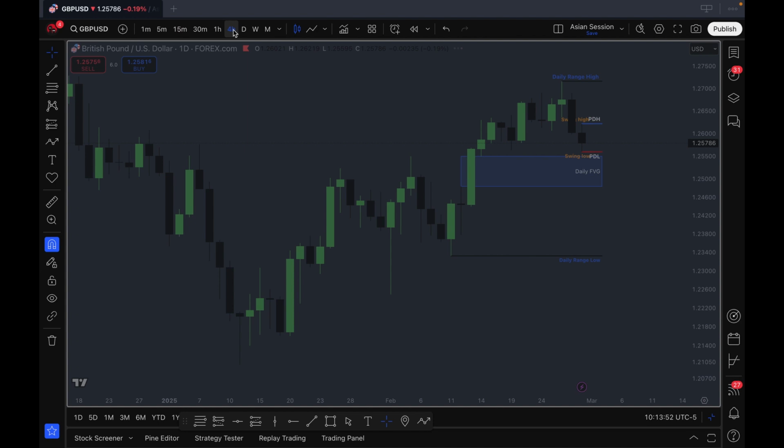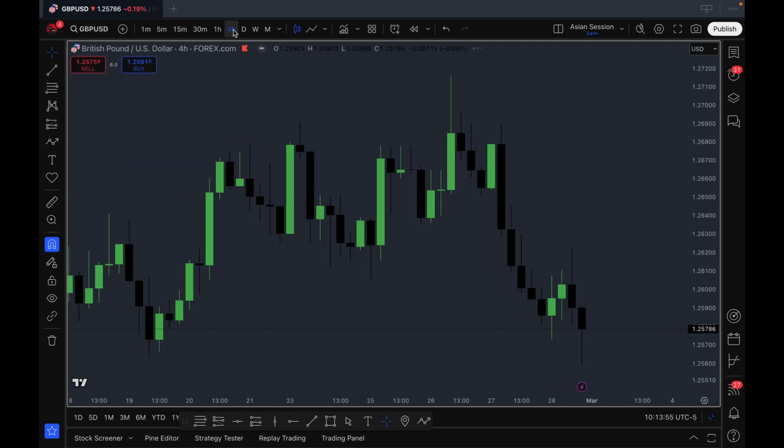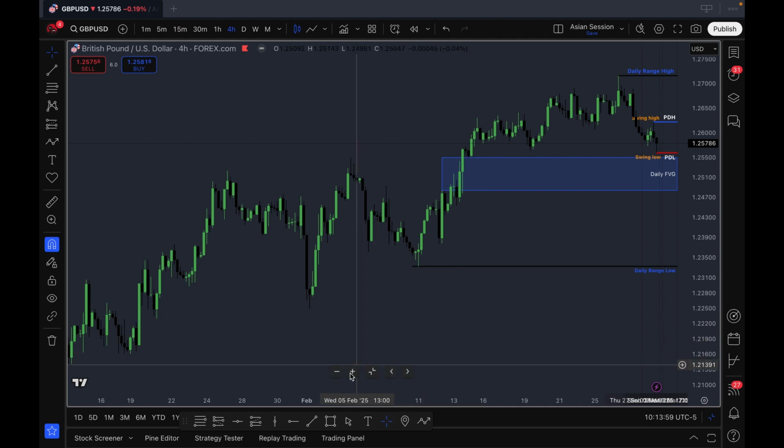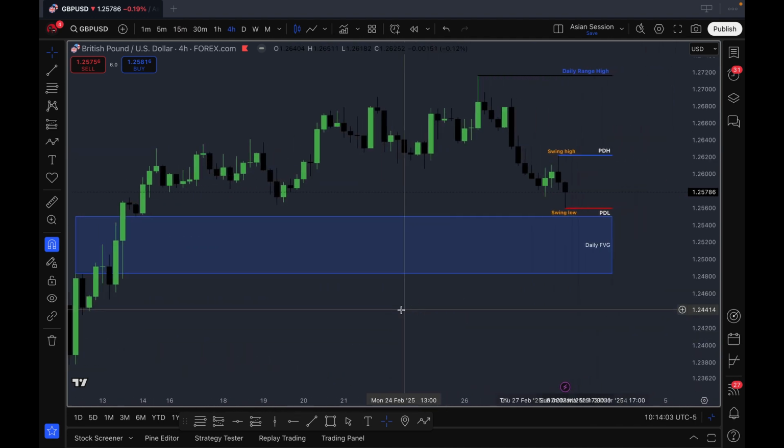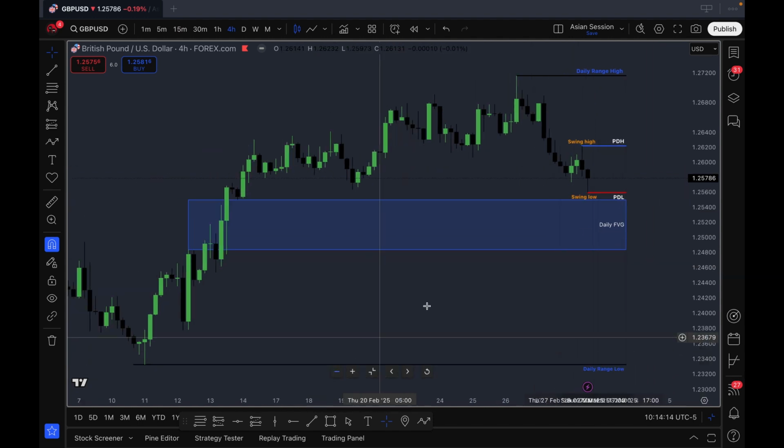So if I go down on a 4-hour time frame, as you can see, the market is trading to the downside, kind of bearish a little bit, but the momentum of it is still bullish on a long term, so I'll still be looking for buying opportunities.